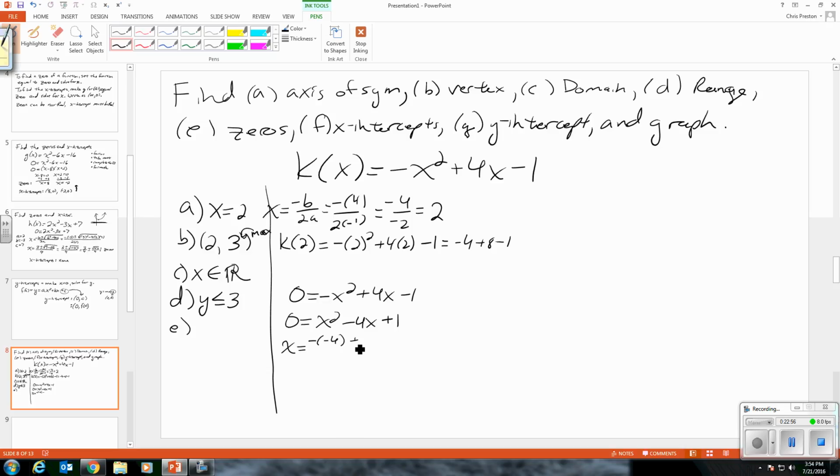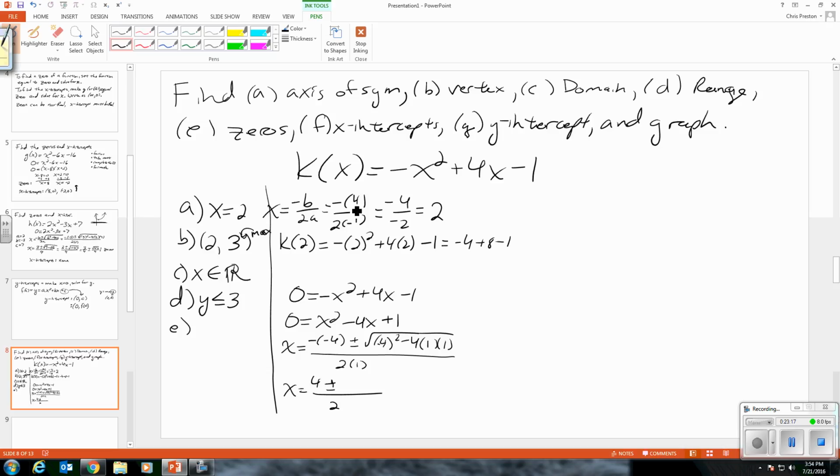Negative 4 plus or minus the square root of negative 4 squared minus 4 times 1, all over 2 times 1. So x equals 4 plus or minus, there's a 2.